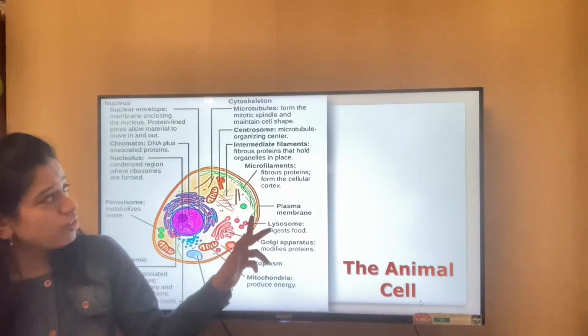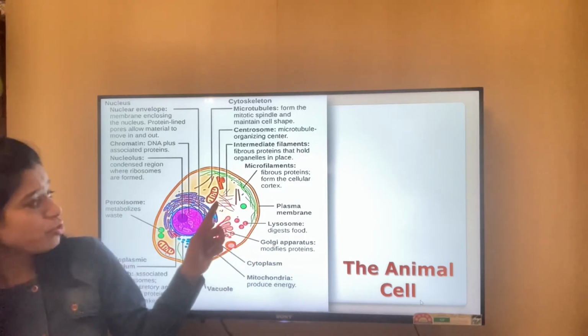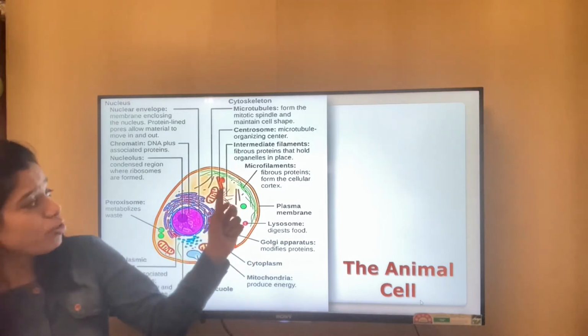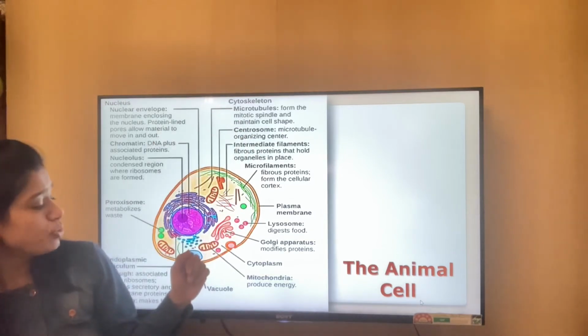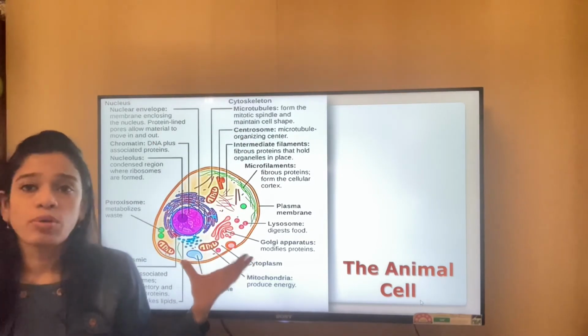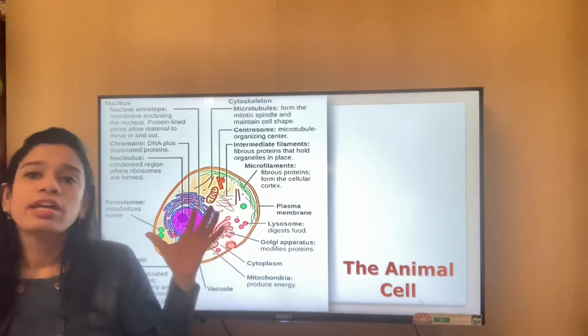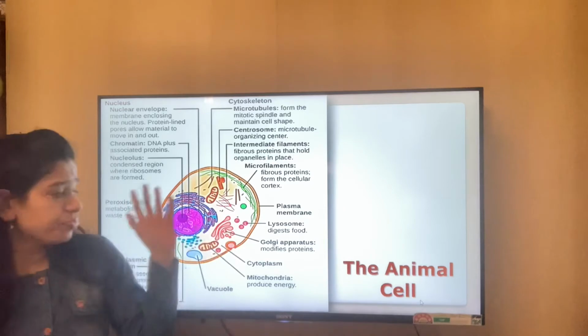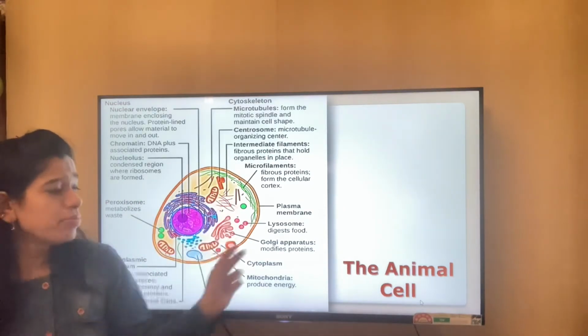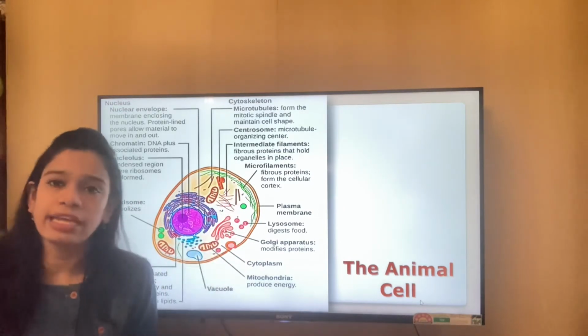These are the microfilaments and these are the microtubules, and this is the centrosome. So this is more or less the detail about the animal cell, but about the cell membrane we'll talk again.